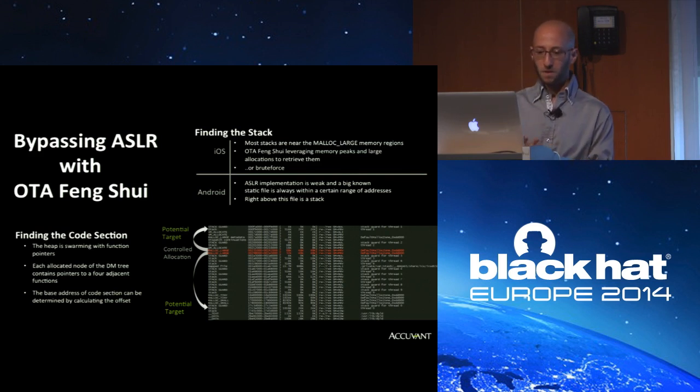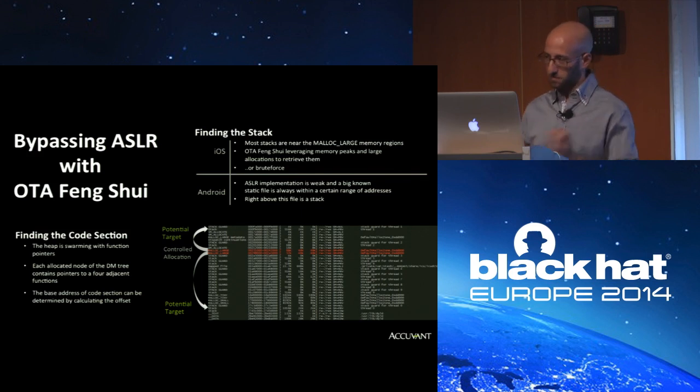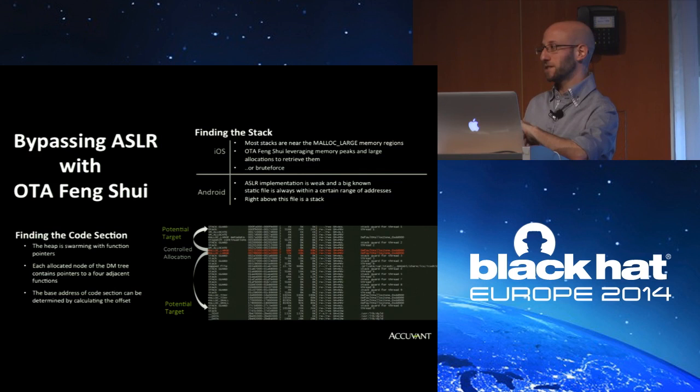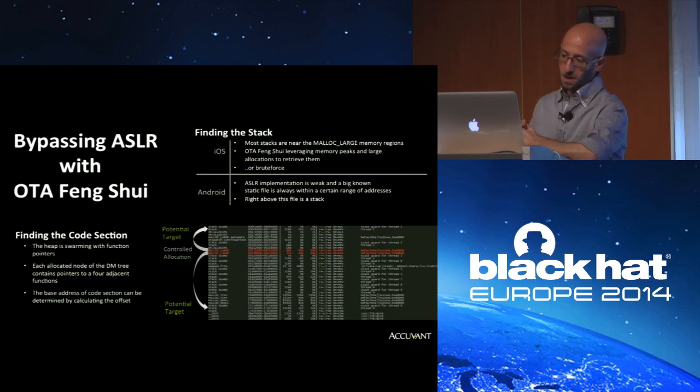Now, we've got to find the code section, because the latest devices have fun memory protections. We found that the OMA-DM client has a bunch of function pointers all over the heap. These function pointers point to part of its state machine, but what that gives us is the ability to know exactly where in memory the code is.